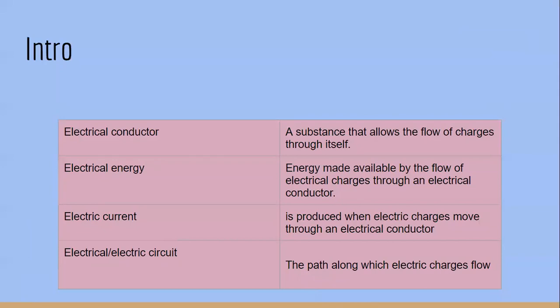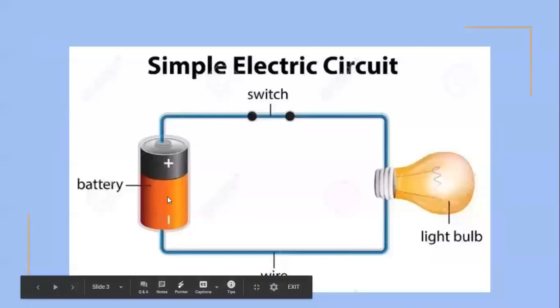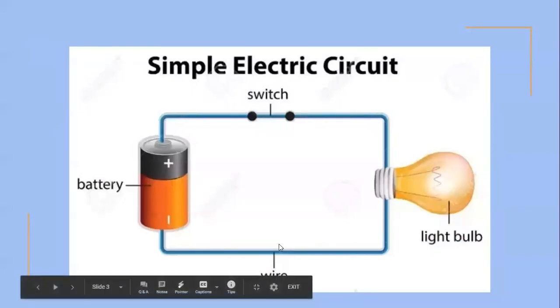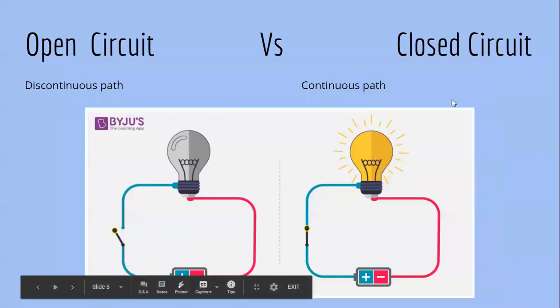An electric circuit is the path along which electric charges move. When electric charges are moving through this path, we call this path an electric circuit, and the battery provides the energy that drives the current, or the flow of charges, through this circuit.